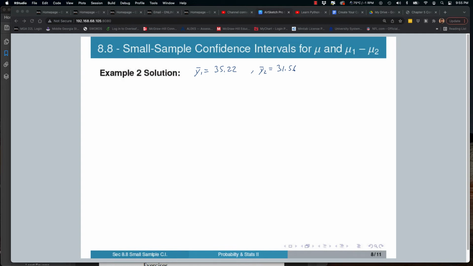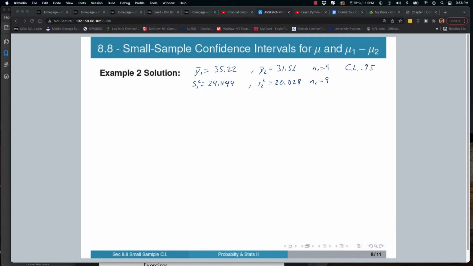And then the variances for both groups: s1 squared was equal to 24.444, and the variance for the new group was 20.028. The sample sizes were n sub 1 equals 9 and n sub 2 also 9, so both groups had 9 individuals, and we have a confidence level of 0.95.